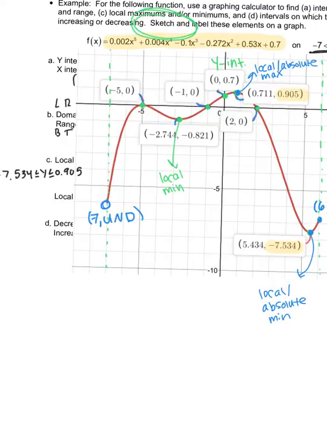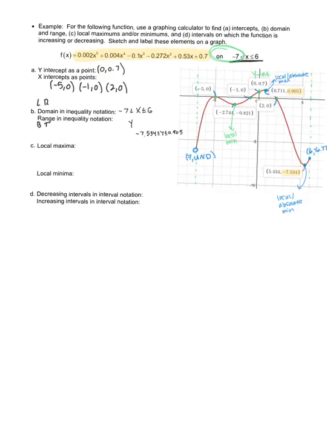Okay. So I'm going to list those as points. So where it says local maxima, I have, what point is that? 0.711905. Do we have any more maxes?